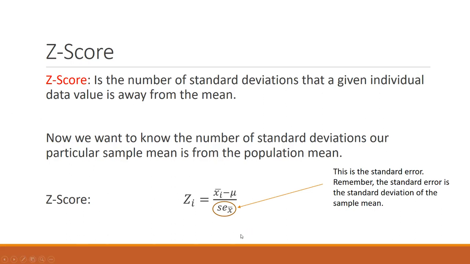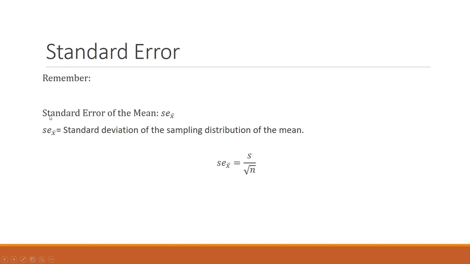So our z-score would be our particular sample mean value minus the true population mean, divided by the standard error. And remember, the standard error is the standard deviation of the sampling distribution of the mean.